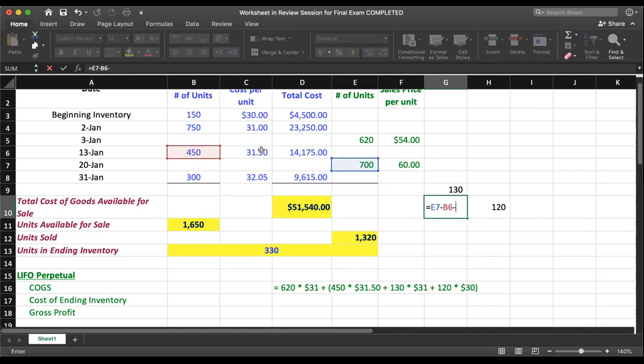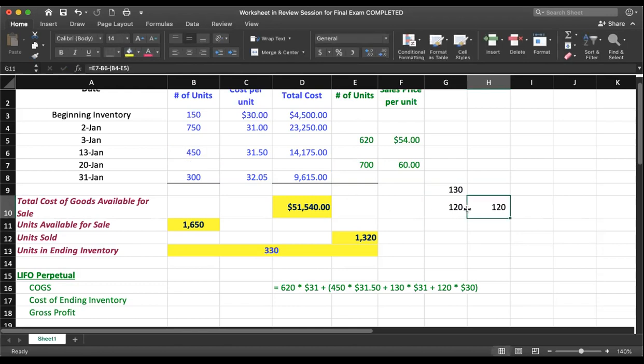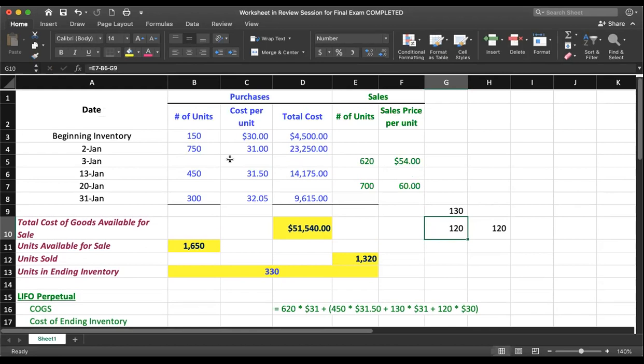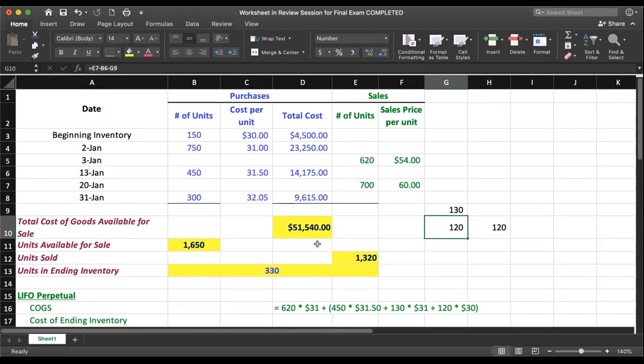We costed 130 of them at the $31 price. So we still have to cost 120 units. Those 120 would come from the beginning inventory when the cost per unit was just $30.